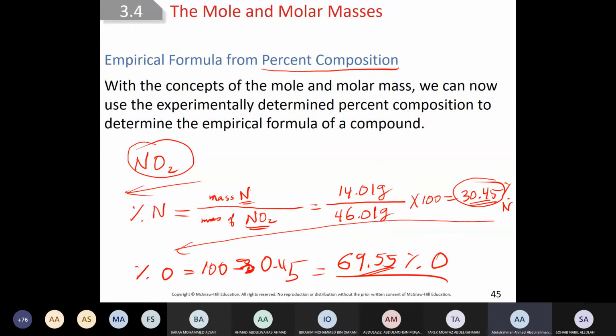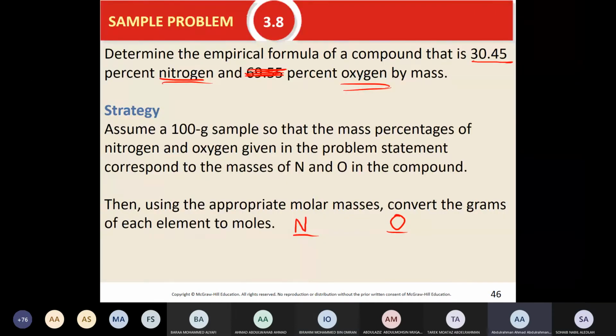Is this clear? So 30.45%, what's the unit? Unitless. What does unitless mean? It doesn't have a unit. Very good. I'll go back to this one. What's the unit for this one? Unitless.